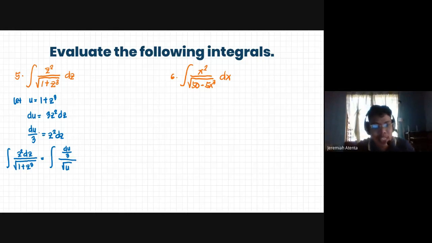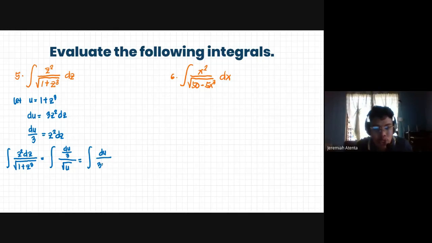Z squared dz is du over 3 and 1 plus z cubed is u. So we have square root of u. Tama? Now simplifying, this will now be equal to du over 3.